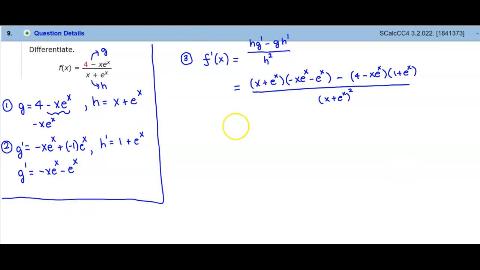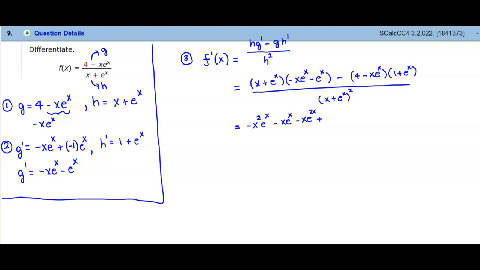So let's go ahead and FOIL the first one. So we have x times negative e to the x. So that's negative x squared e to the x. And then minus x e to the x. And then minus x e to the x, well, you're going to multiply the same base, you add your exponents, so x plus x is 2x.